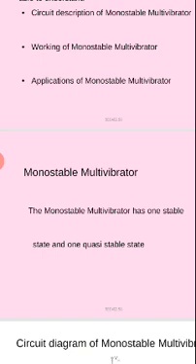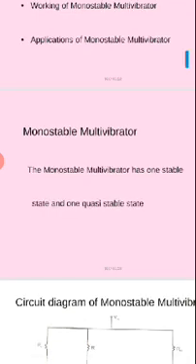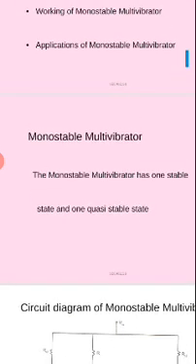The monostable has one stable state and one quasi-stable state or semi-stable state. The multivibrator has one stable state and one quasi-stable state.